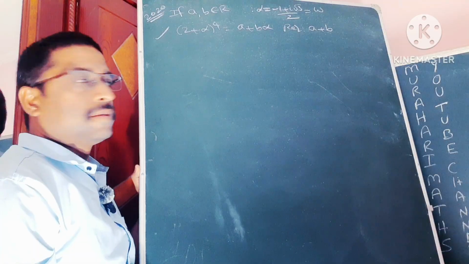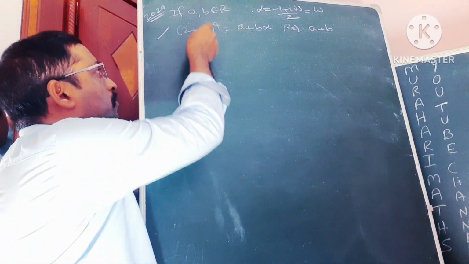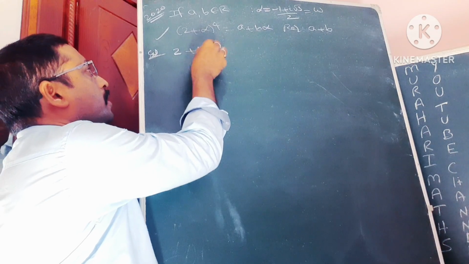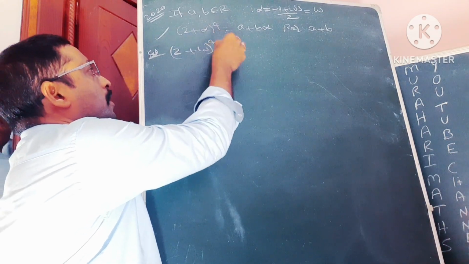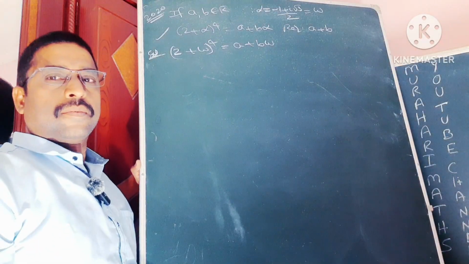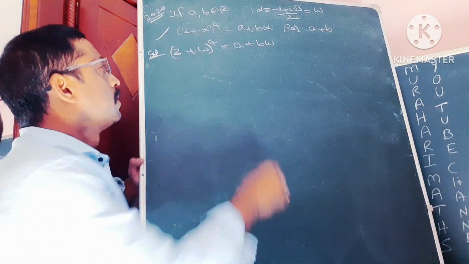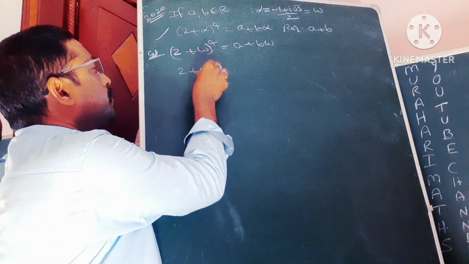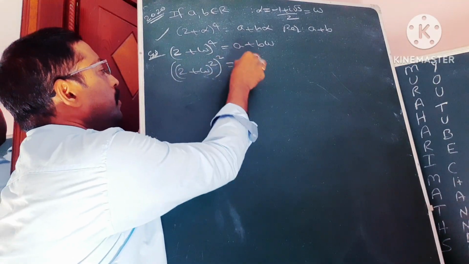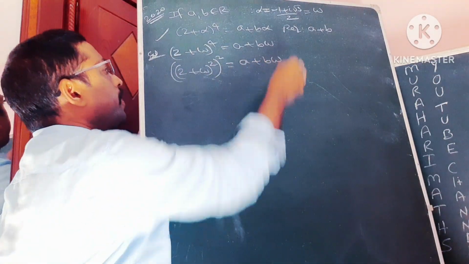How to find this value? So alpha is omega here. (2 plus omega) to the power 4 is equal to a plus b omega. First find out the a, b values. So (2 plus omega) whole squared is equal to a plus b omega.